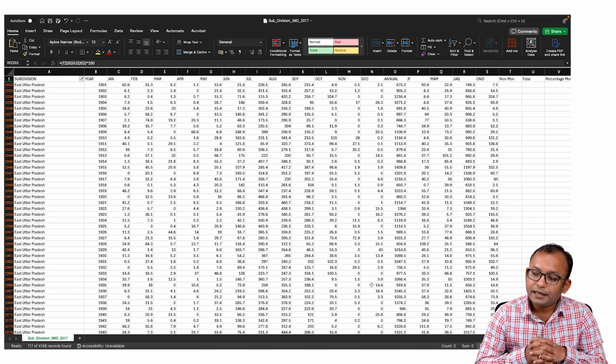So, in this assignment solving session, we have discussed how we can use the historical monthly rainfall data set to calculate the climatological pattern of one particular region.